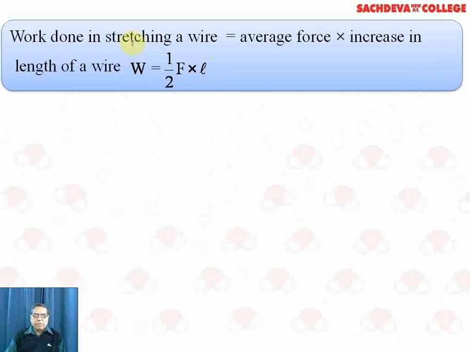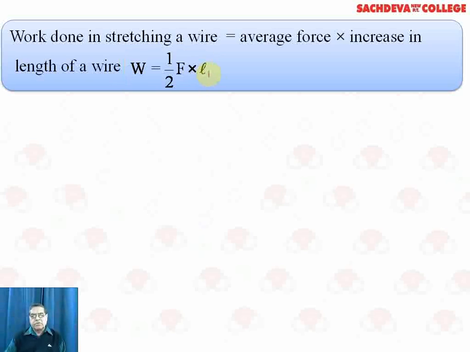Work done is obviously given by the force and the increase in length. So we have to take the average force. Obviously, if the force is F, the average force will be half of F, that is F over 2. And during stretching, the change in length will be L. Therefore, work done during this process is half F into L. And this half F into L is stored in the wire in the form of elastic potential energy.